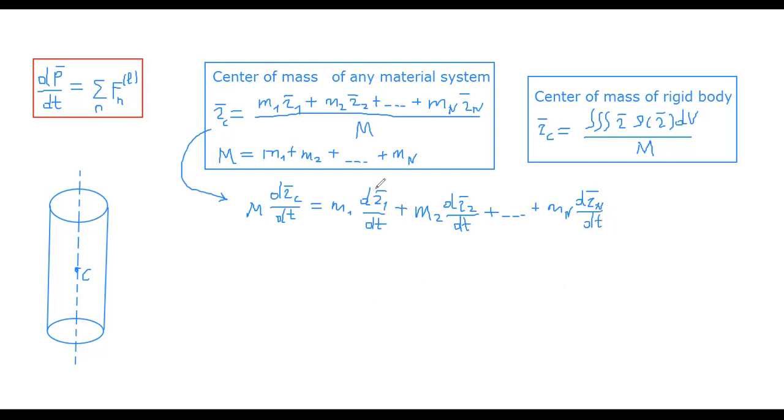And what do we have? This is the velocity of the center of mass.